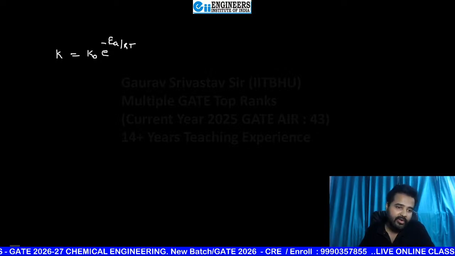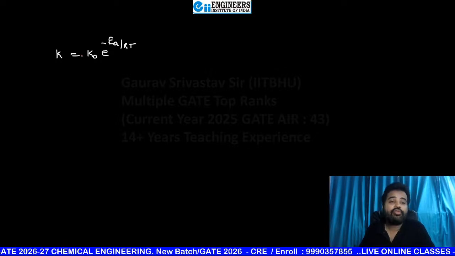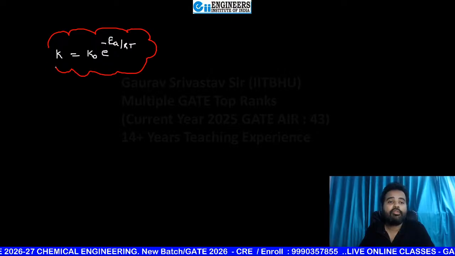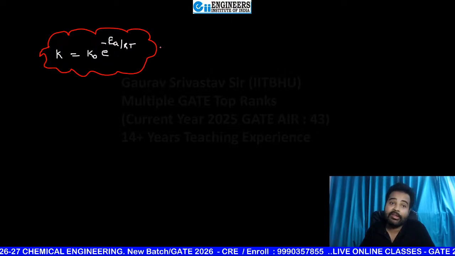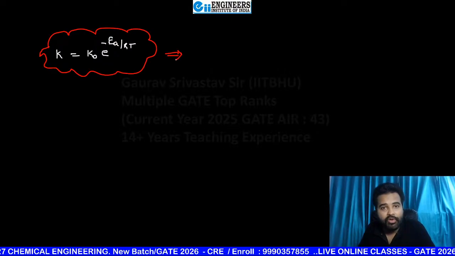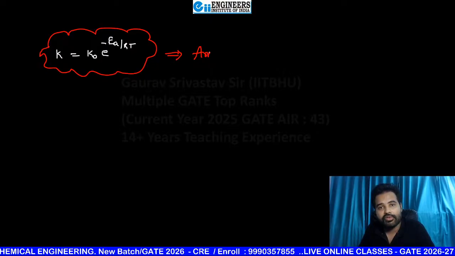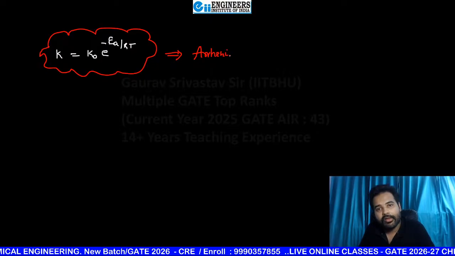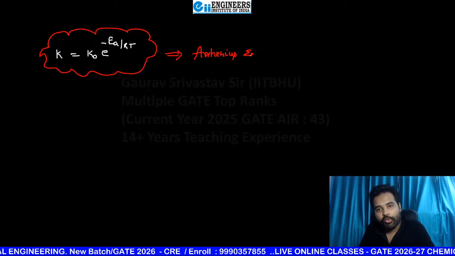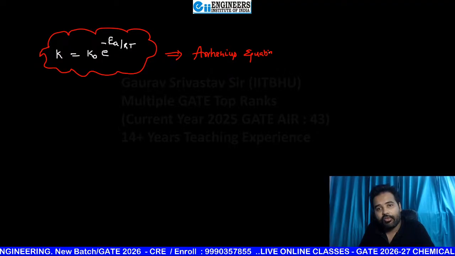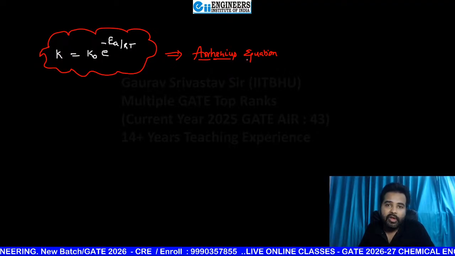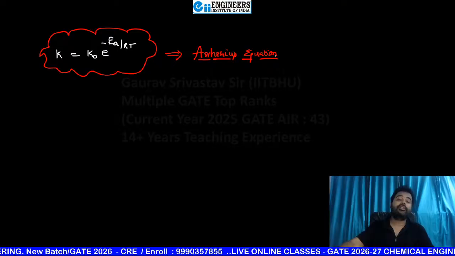And my dear students, this is the final form, the standard form of the Arrhenius equation. So this is the Arrhenius equation. I hope everyone is crystal clear what the Arrhenius equation is and how Arrhenius developed his equation.